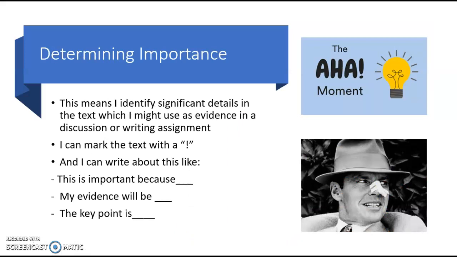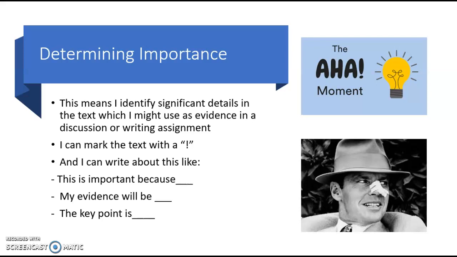The next annotating strategy is determining importance. This means I identify significant details in the text, which I might use as evidence in a discussion or a writing assignment about the text. I can mark this with an exclamation point, and then I can write about this using, for example, a sentence stem like, this is important because blank, my evidence will be blank, or the key point is blank.